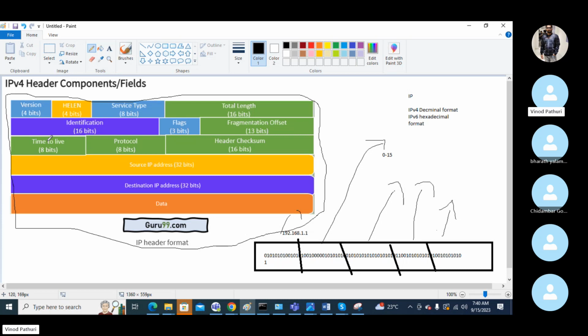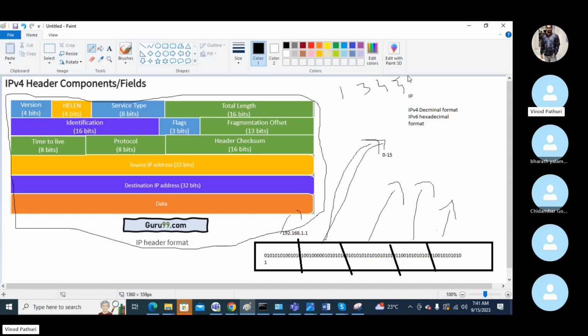Okay, and the next one is fragment offset. So we have discussed the order, like where the original fragment packet is. Suppose you received data in 1 3 4 5 2 format.